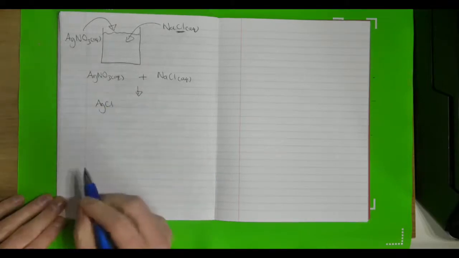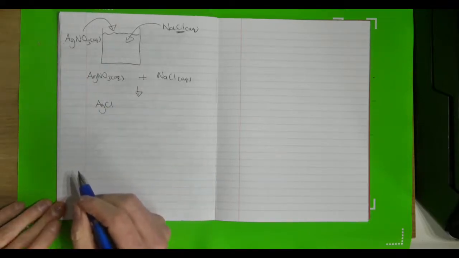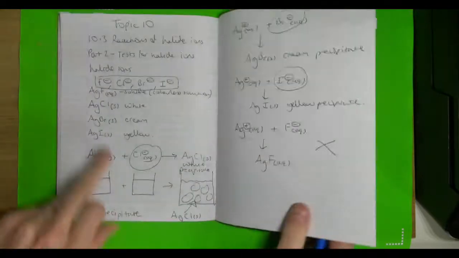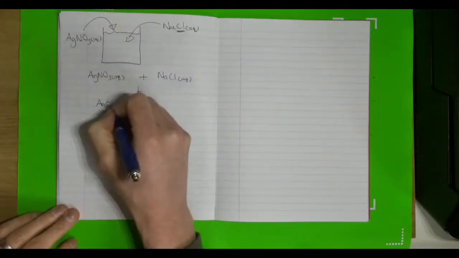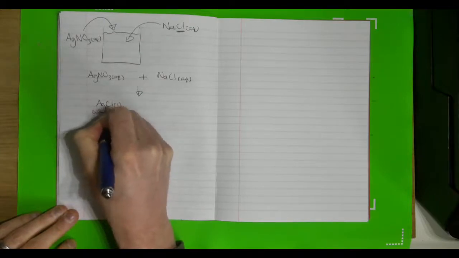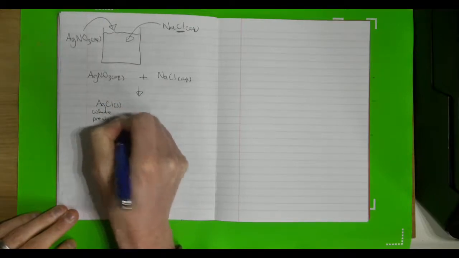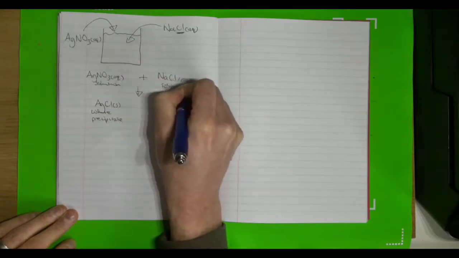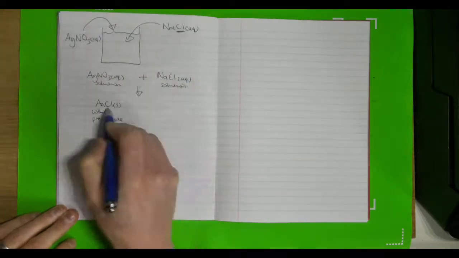It's very important that you get the state symbols correct. So you have already learned that silver chloride is insoluble. Therefore, it must be a solid which is produced, and that is your white precipitate. So you have a solution and a solution. They react together to make silver chloride and the white precipitate.